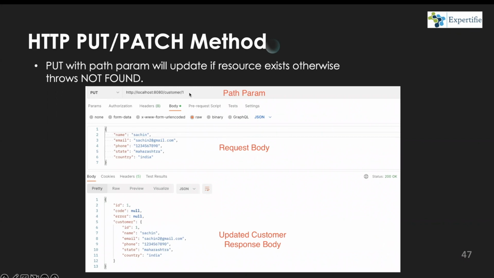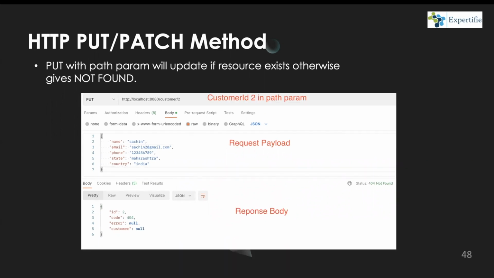So in case of path parameter, let's say we want to update ID1, then if the ID exists, it would update. Otherwise, if ID does not exist, then it would throw an exception like not found, that customer ID not found. Let's say over here we want to update customer ID 2, so we would update that.